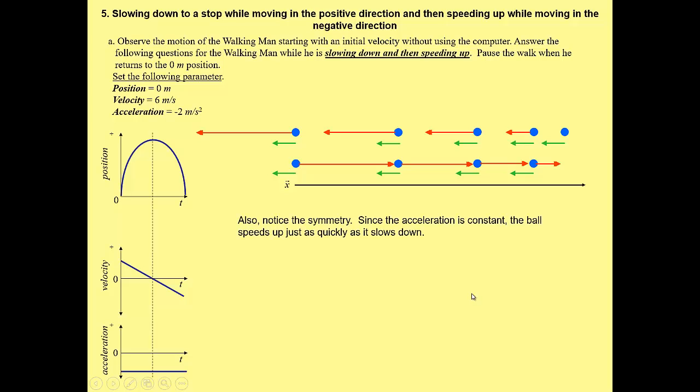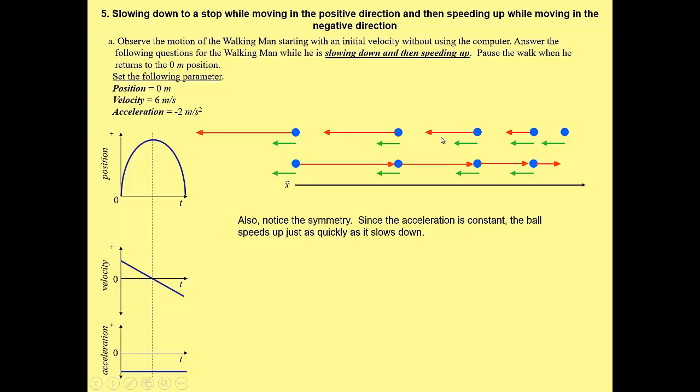Did you see the symmetry? Look here at your position graph. It was a nice parabola. Look at your velocity graph. Yeah, it's opposite, but it's the same slope. And your acceleration. There's some beautiful symmetry here, and symmetry is your friend in physics. It shows up in a couple of places. Because the acceleration is constant, that means that he is slowing down just as quickly as he speeds up on the way back.